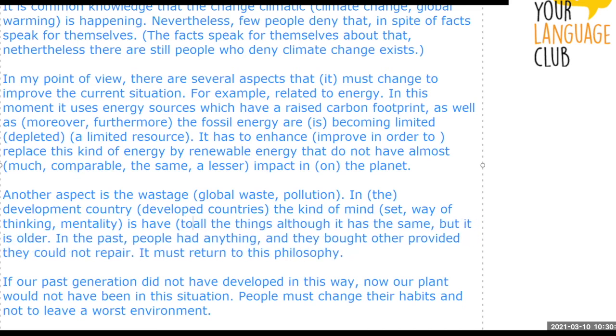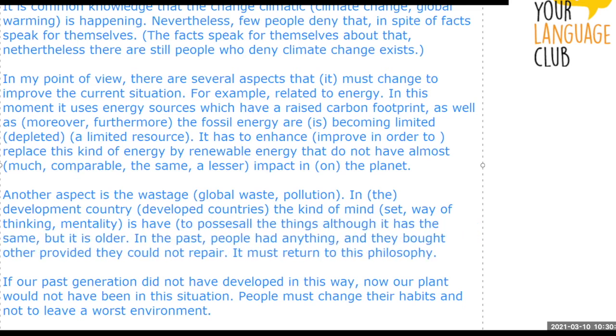But we can also use the word to possess. That's probably a better word to use. But anyway, we've just run out of time, but I'll just finish the sentence. All things, although it is the same, but it is older. And I think we need to use the plural, okay? So although they are the same, but they are older, okay?